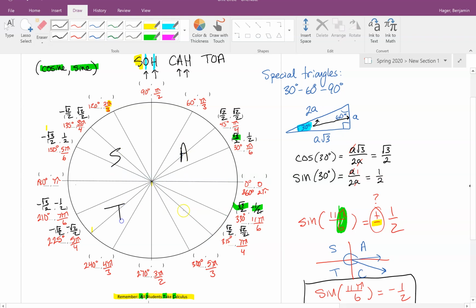All students take calculus. In quadrant 4, where that angle terminates, cosine should be positive. So the x value, the cosine value, should be positive, but that means the other guy, the y, should be negative. Which makes sense. If I'm trying to get to this terminal point, I have to go right, therefore positive x, and down, therefore negative y.